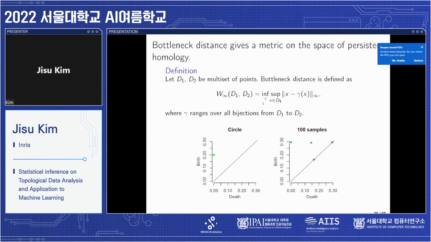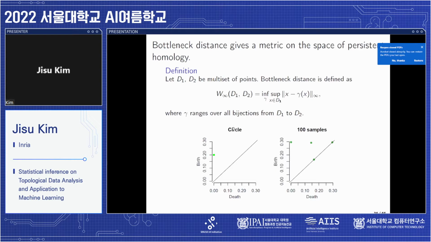One common distance to use is the bottleneck distance. And in fact, this bottleneck distance is analogous to the Wasserstein distance with the infinity norm.